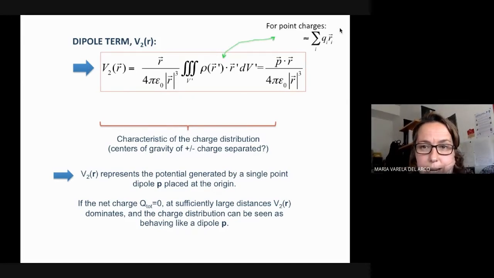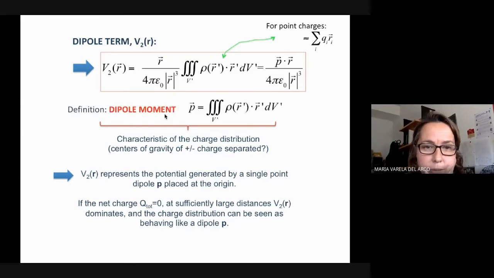For point charges, like I said, it's very easy to calculate the dipole moment, right? For finite distributions, it's a little bit more complicated, but basically the dimensions are the same. Q, rho dv times position, summed over my whole body, okay? And I just place this dipole at the origin, and then what sort of potential do I get around it? P dot R over 4 pi epsilon naught R cubed.